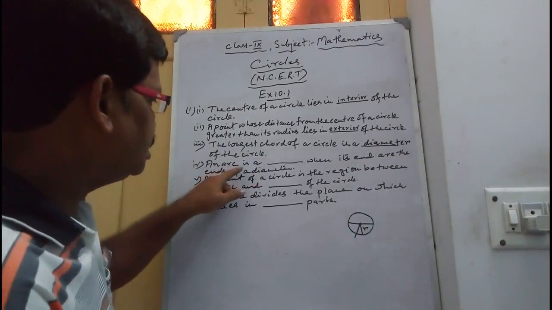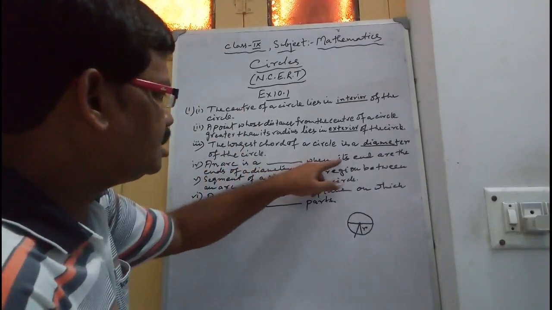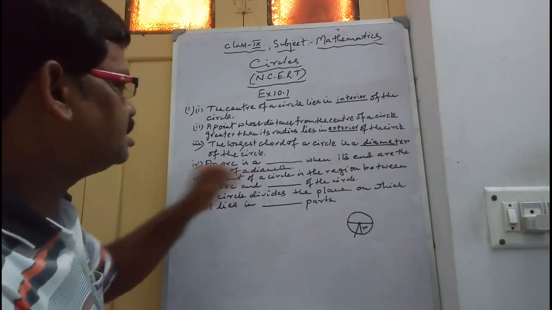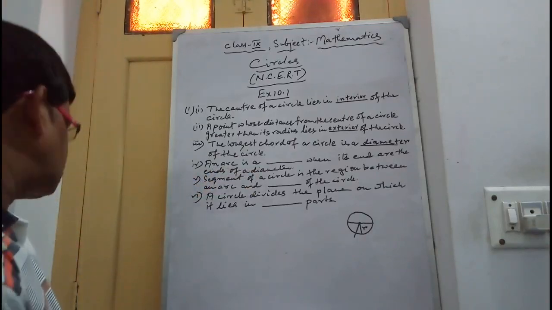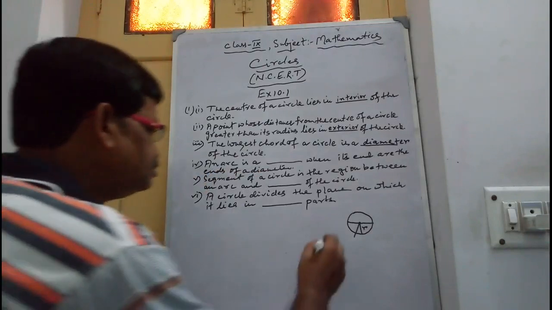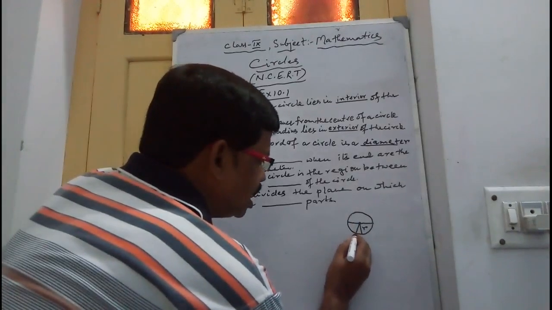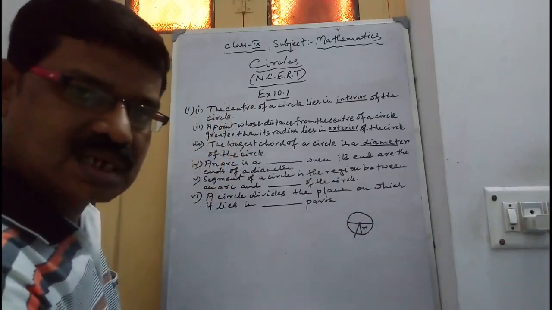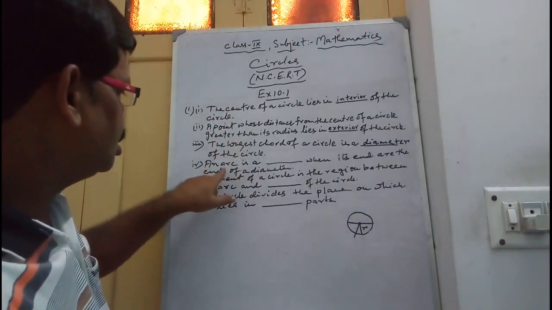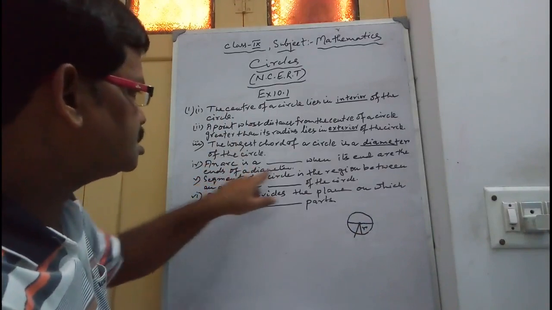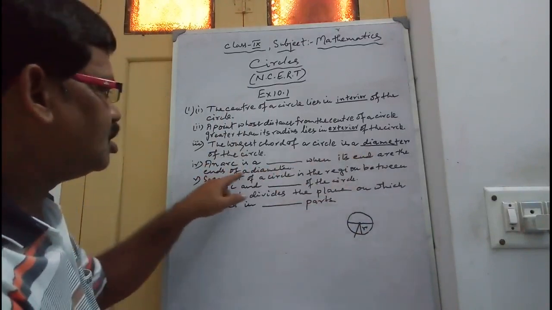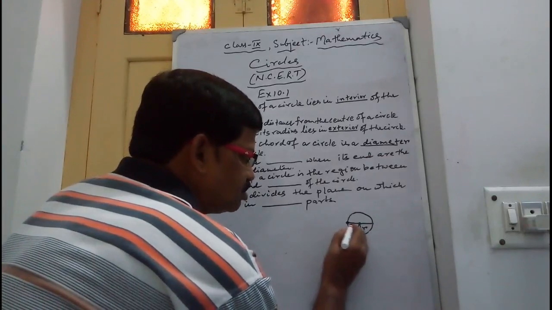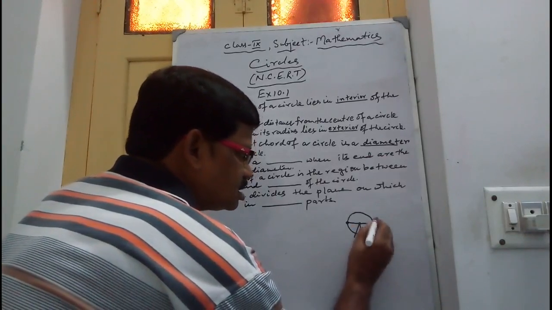An arc is a semicircle when its ends are the ends of a diameter. Any portion of the circumference of the circle is known as an arc. So the endpoints of a diameter: this one is the diameter, one endpoint is here, another endpoint is here.